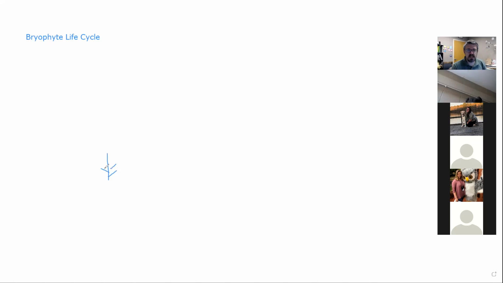I'm going to represent it kind of like, this is a terrible drawing, kind of a moss. This moss is the gametophyte. This is the adult gametophyte. Can anybody tell me what ploidy level the gametophyte is? 1N. 1N, perfect.